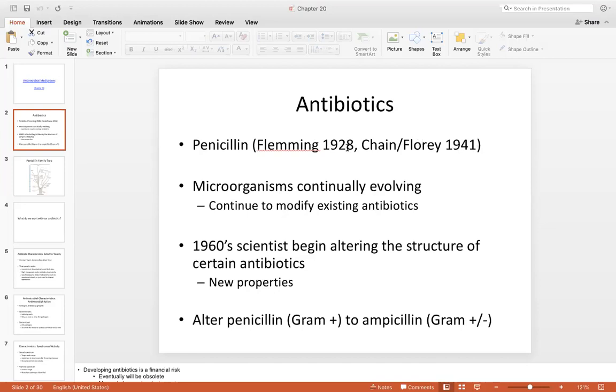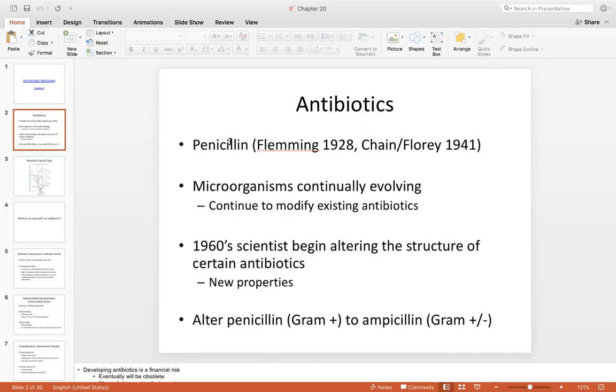All right, so you can see there's a good amount of time between the discovery of penicillin and its actual implementation as a medication that we are familiar with. Okay. This is also, these were the good old days where a lot of scientific discoveries were made on accident.